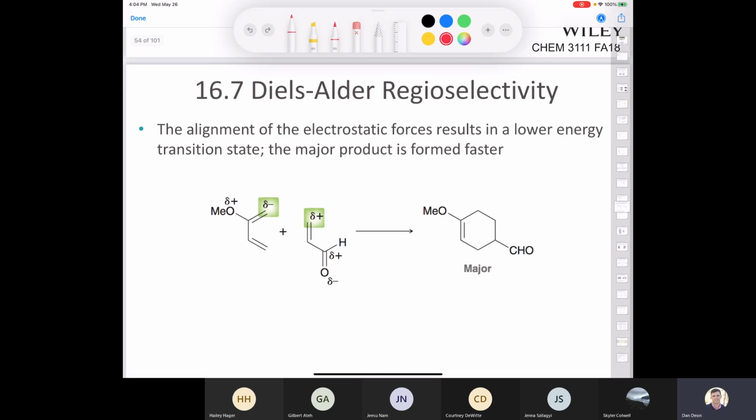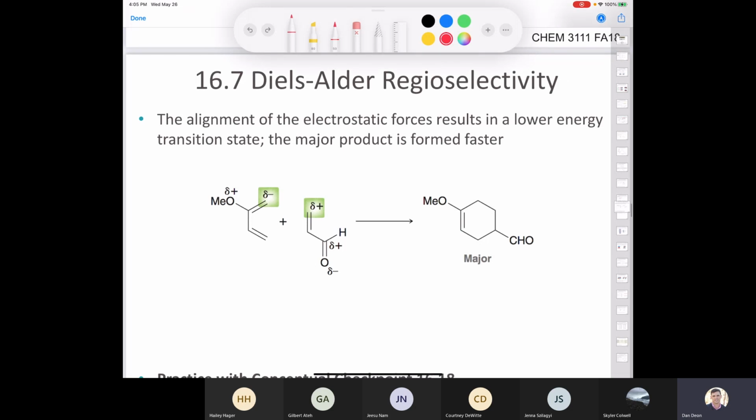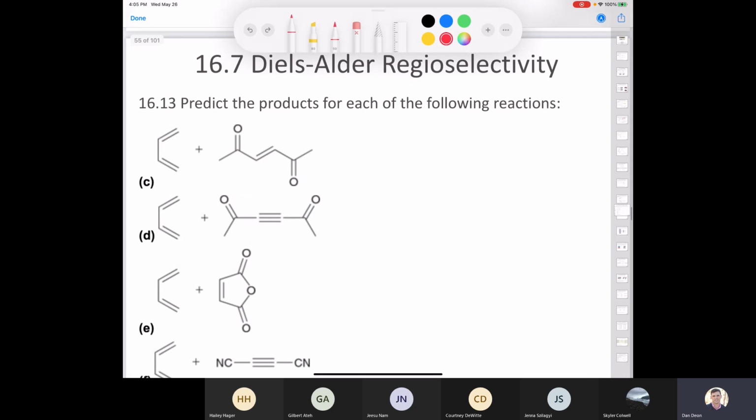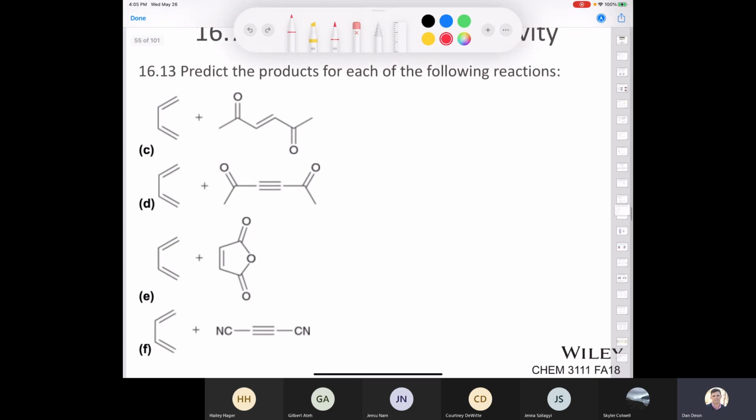Why? Because I'm maximizing the electrostatic forces, and it results in a lower energy transition state, and this produces the major product, which is going to be formed faster. And so you can see that you have to be able to draw those resonance contributors and show where the partial positive and partial negative charges are in a diene and dienophile.